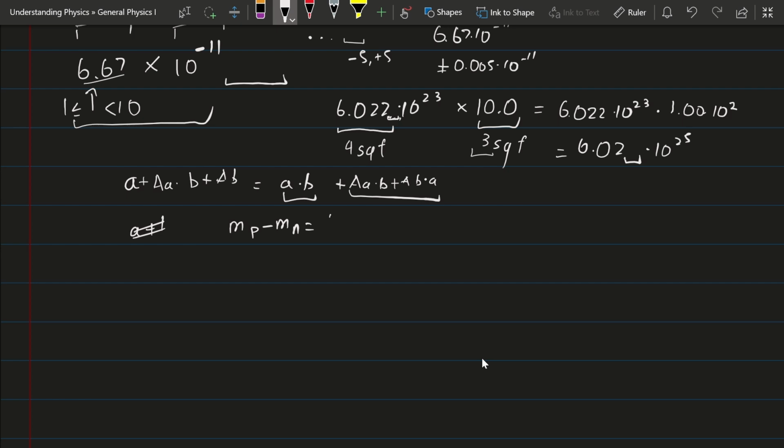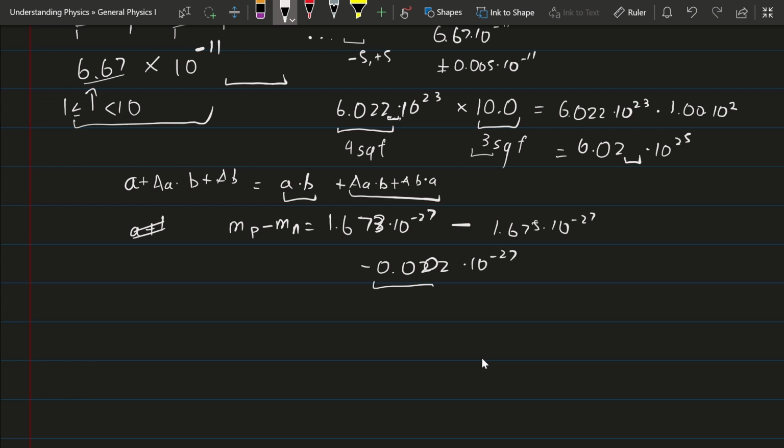I figured out the mass of a proton to be 1.673 times 10 to the power of negative 27 kilograms, and you would subtract from that the mass of a neutron, which is 1.675 times 10 to the power of negative 27, and you would get a result of negative 0.02 times 10 to the power of negative 27.